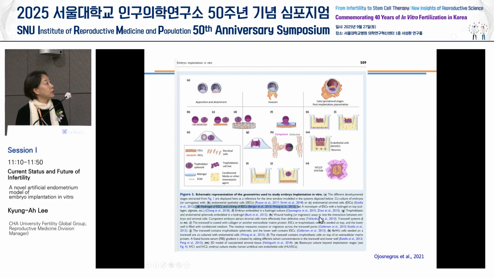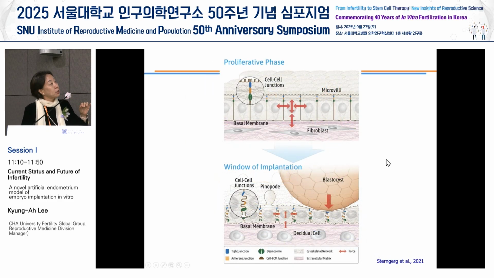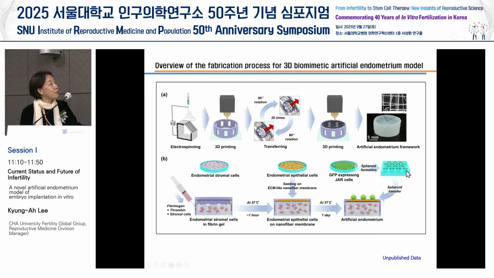But we wanted one more addition, a basement membrane. Rather than just a co-culture of two cell populations, we wanted to add a basal membrane between the stromal cells and the epithelial cells. So we asked Professor Bach to make a network, a mesh, on top of the stromal portion.